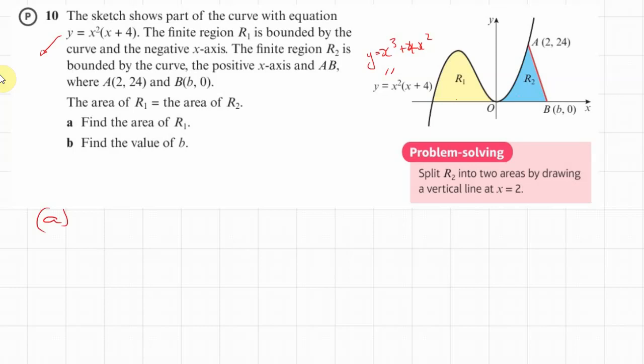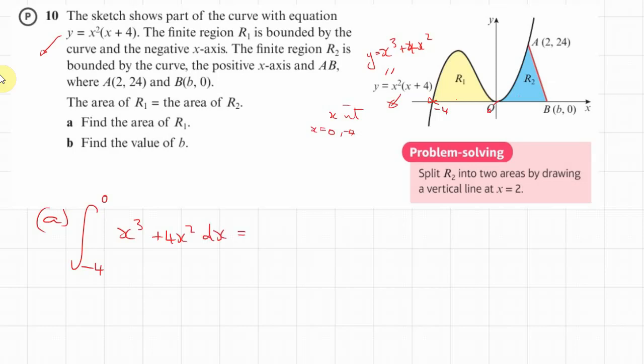So we know that because of this, it's got x-intercepts of 0 and 4, minus 4, sorry. So this is going to be minus 4, and obviously it's on the origin, that's going to be 0. So that's what I'm going to be integrating between. So I'm going to be integrating between 0 and minus 4 of my equation x cubed plus 4x squared.